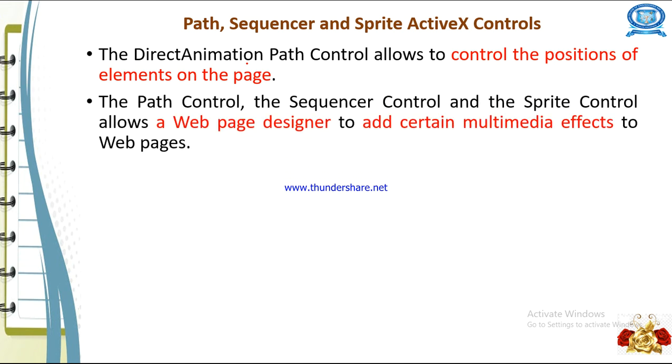Okay. The path control, the sequence control, the spline control, all these controls allow a web page designer to add certain multimedia effects to web pages, for a particular website.